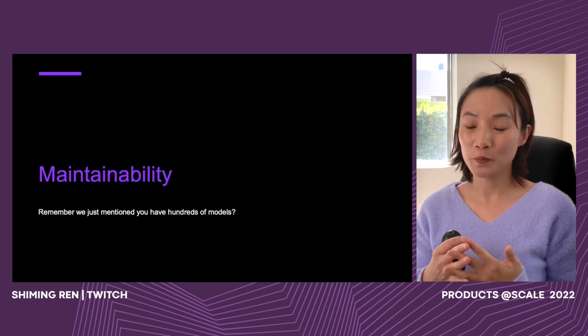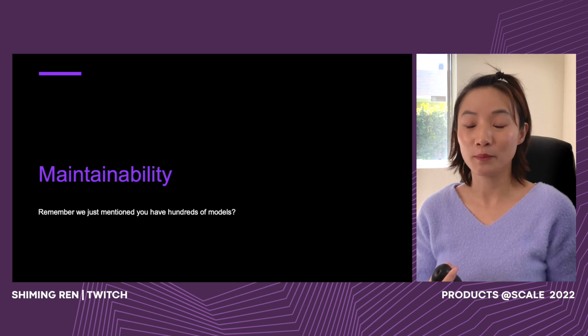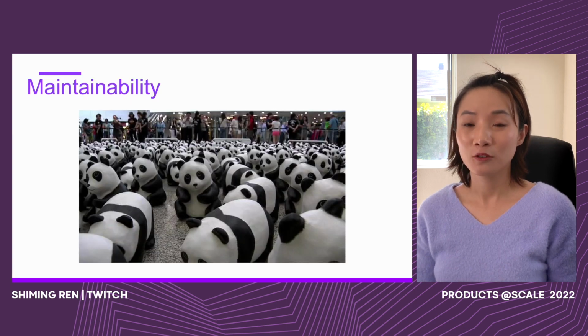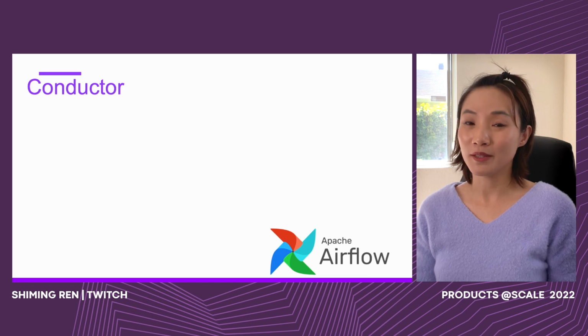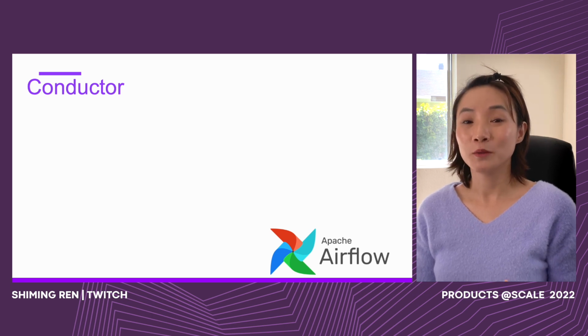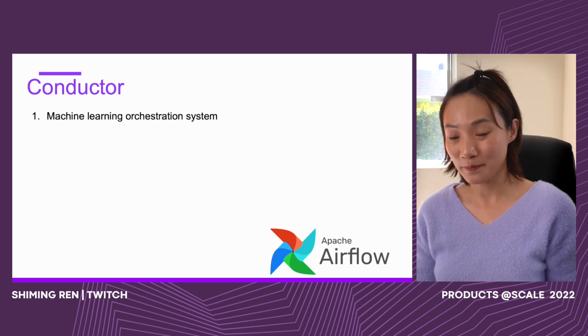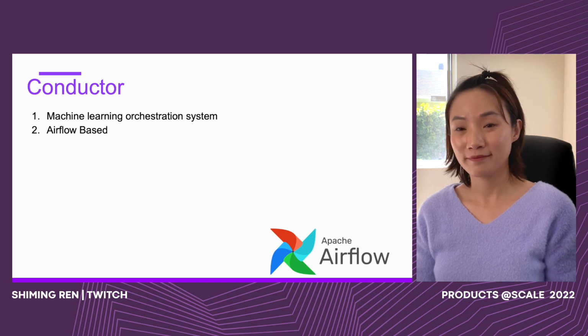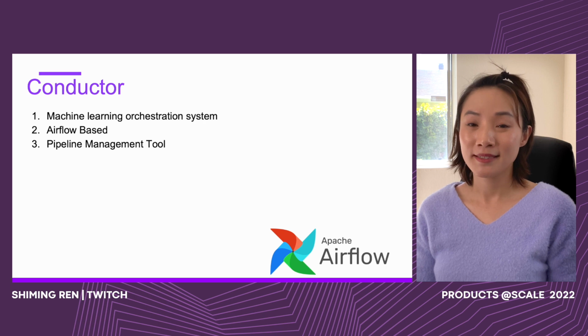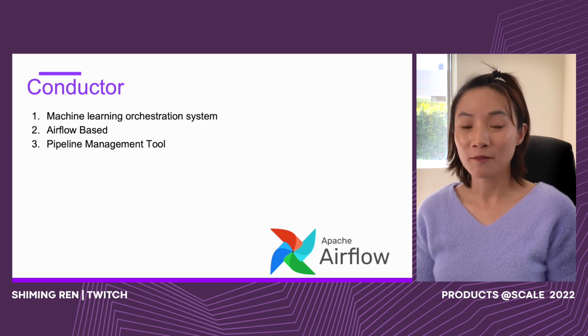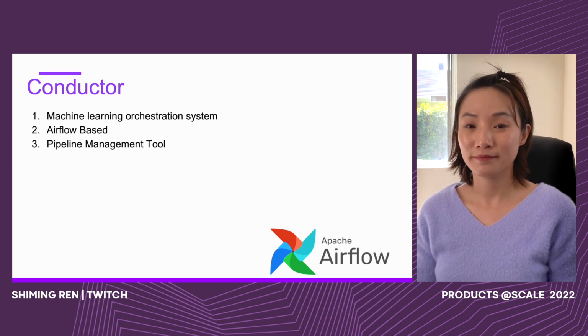Okay, third, let's talk about maintainability. Twitch is growing, so we definitely need something to get machine learning solutions well maintained and managed. For maintainability, we built Conductor, which is a machine learning orchestration system based on Airflow. It manages all our science pipelines and achieves full CI/CD for the dev process.